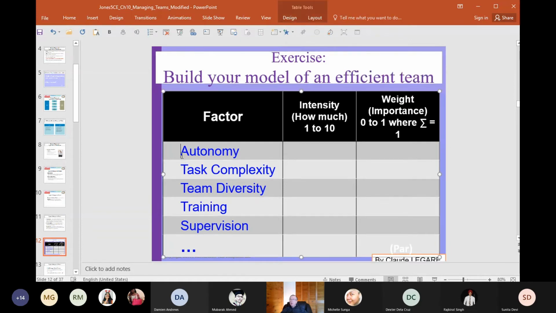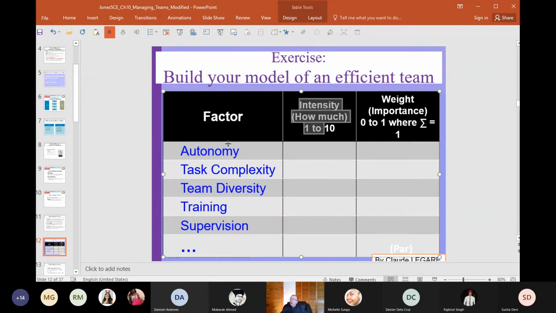Now, these factors are already identified by the authors of the textbook, and I put them there to get started. But you may think about some other factors that you may want to add to this model, right? So I would like you to do two things.